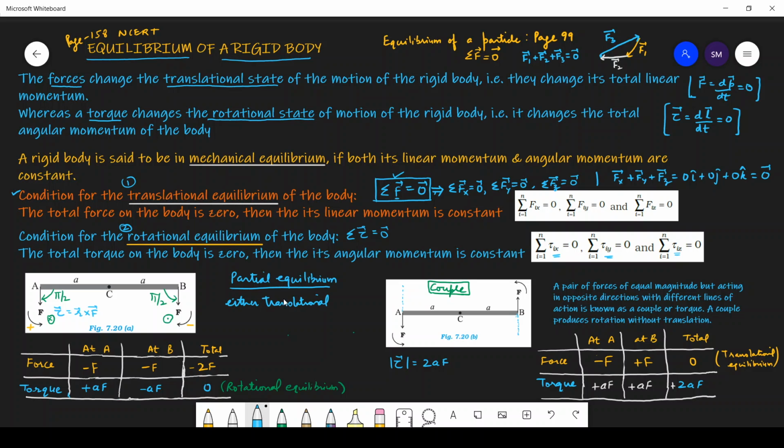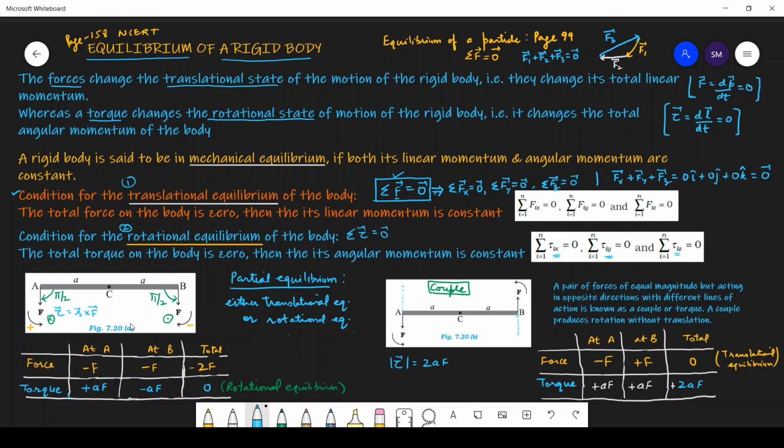If both equilibriums are there, then we just say equilibrium or mechanical equilibrium. But if only one of the two, then it is partial equilibrium.